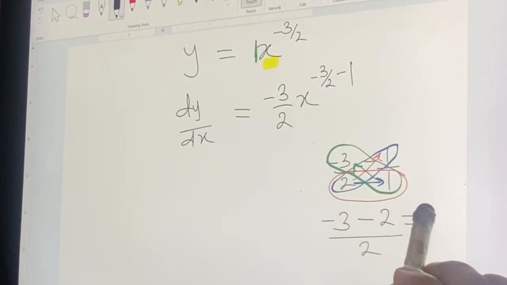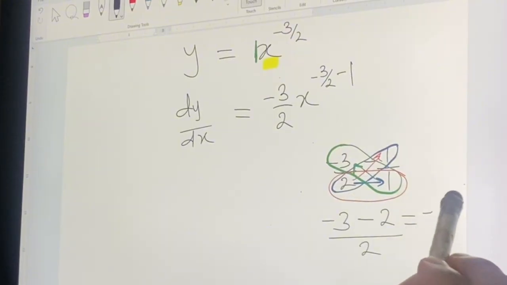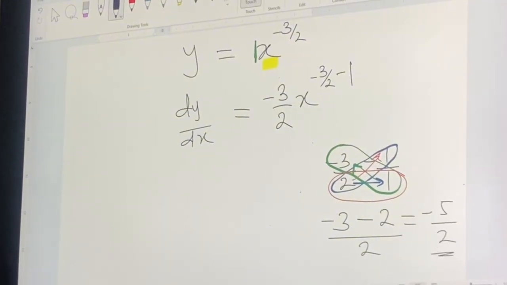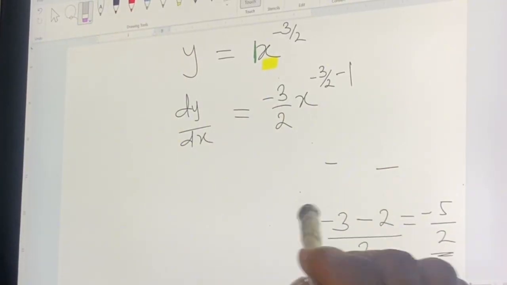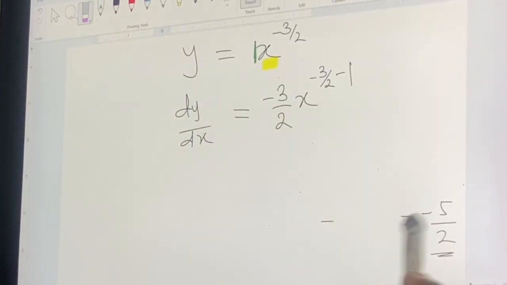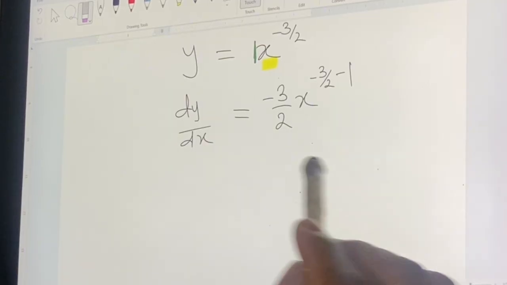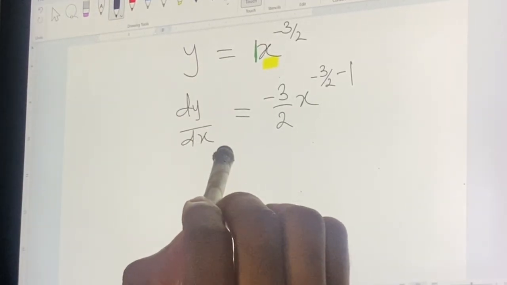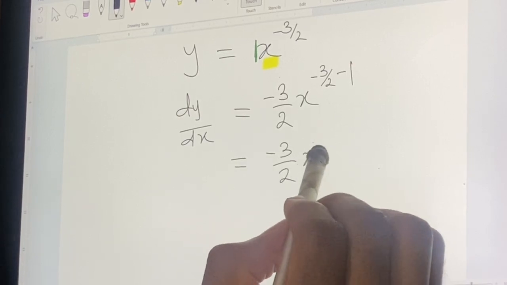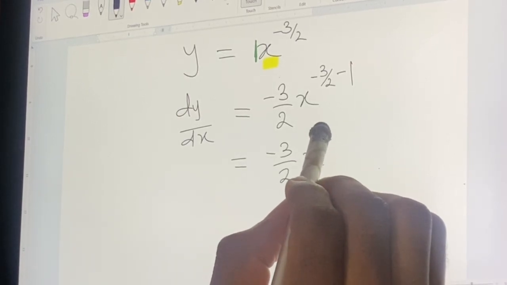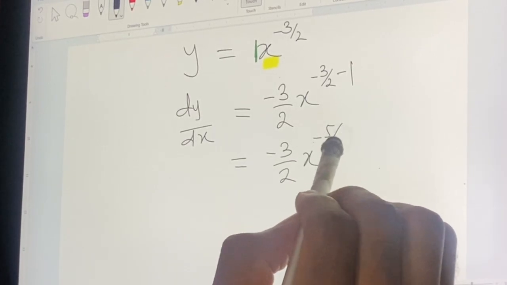So our answer will be equal to minus 5 over 2. Please take note. So I will have this to be equal to minus 3 over 2 of s raised to the power of minus 5 over 2.